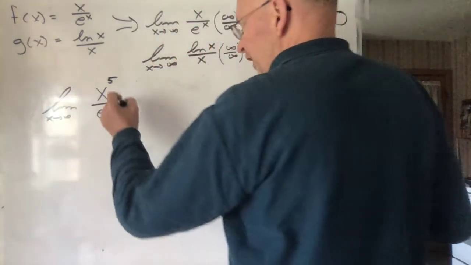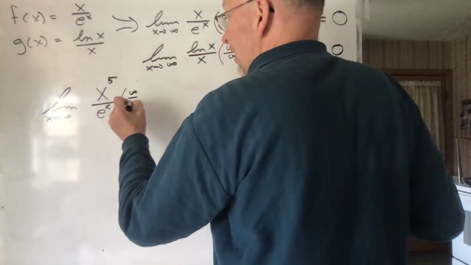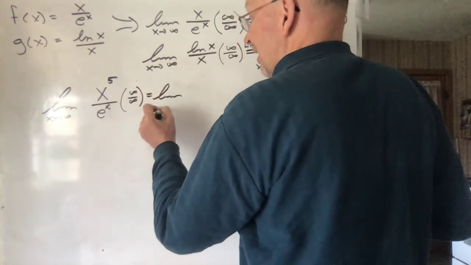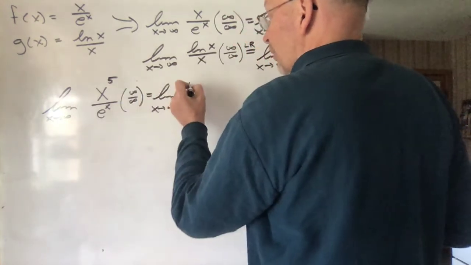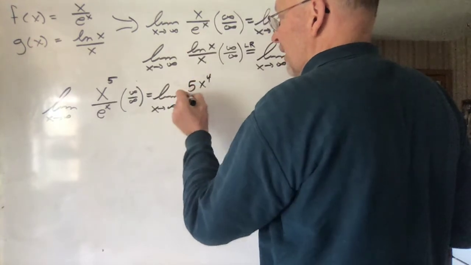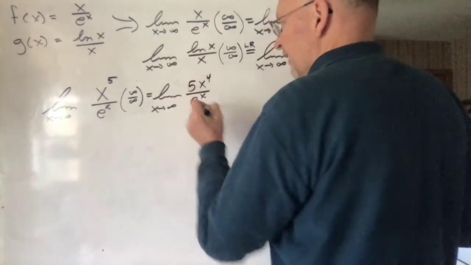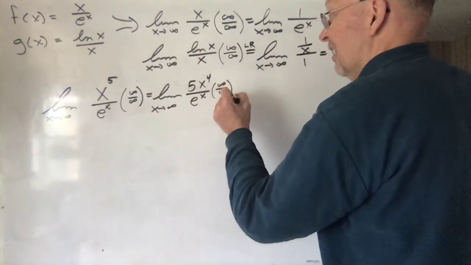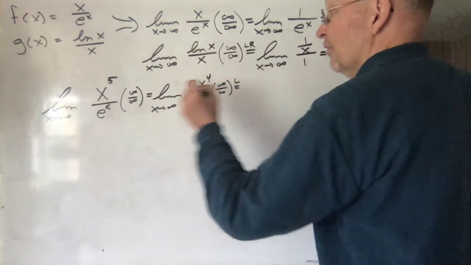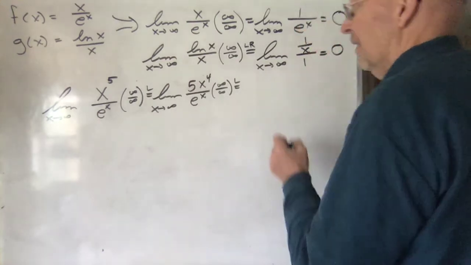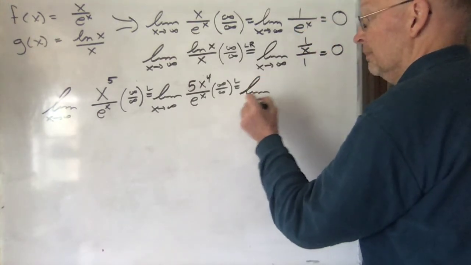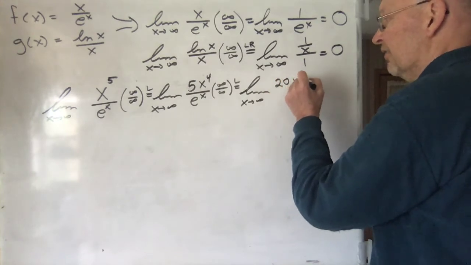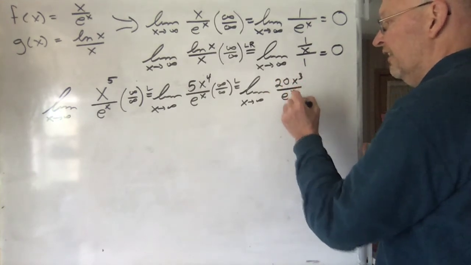As x goes to infinity, they both go to infinity, so we can use L'Hopital's rule. If we do it, we're going to get 5x to the 4th on top, e to the x on bottom. They both go to infinity, so we use it again. I'll just use L for L'Hopital's rule. Then you're going to get the limit, as x goes to infinity, of 20x cubed over e to the x.